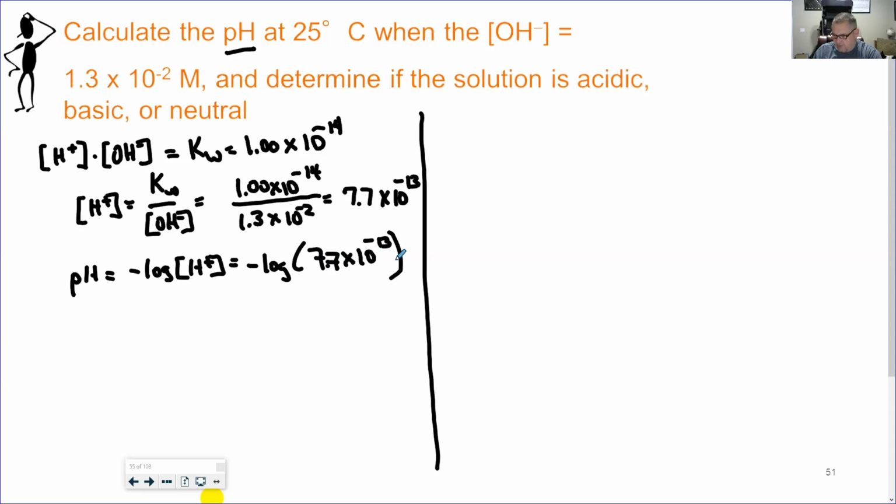I just don't know how to do that. So I'm going to write out 7.7 e to the minus 13th. And it tells me that it didn't like that at all.